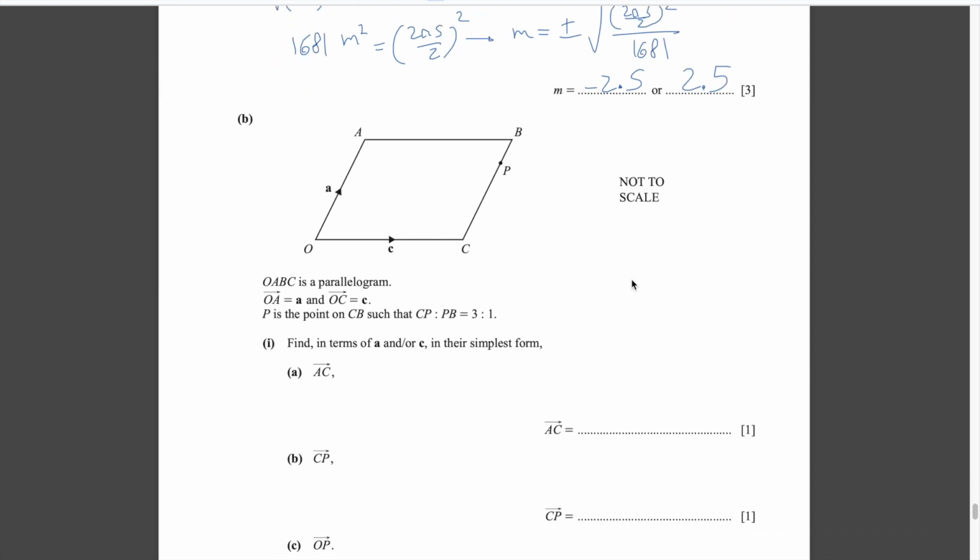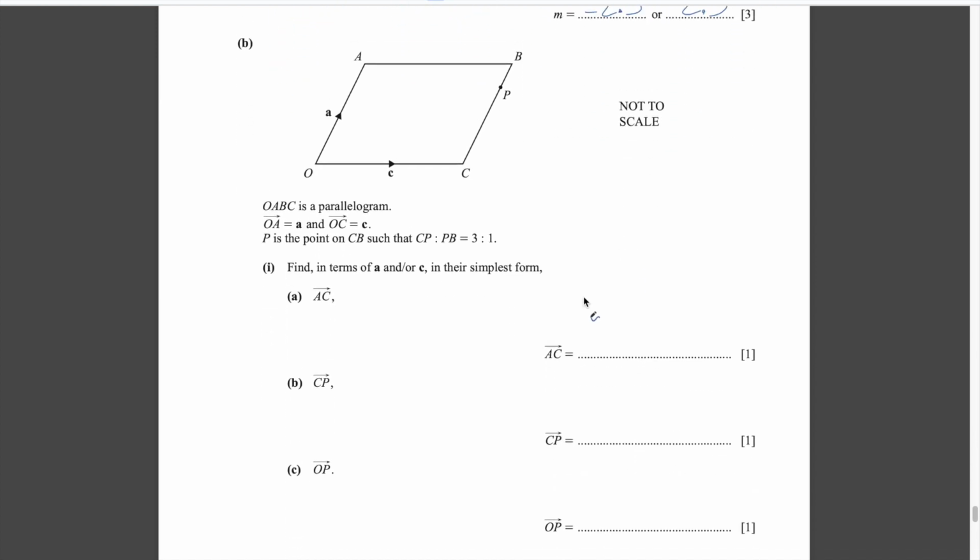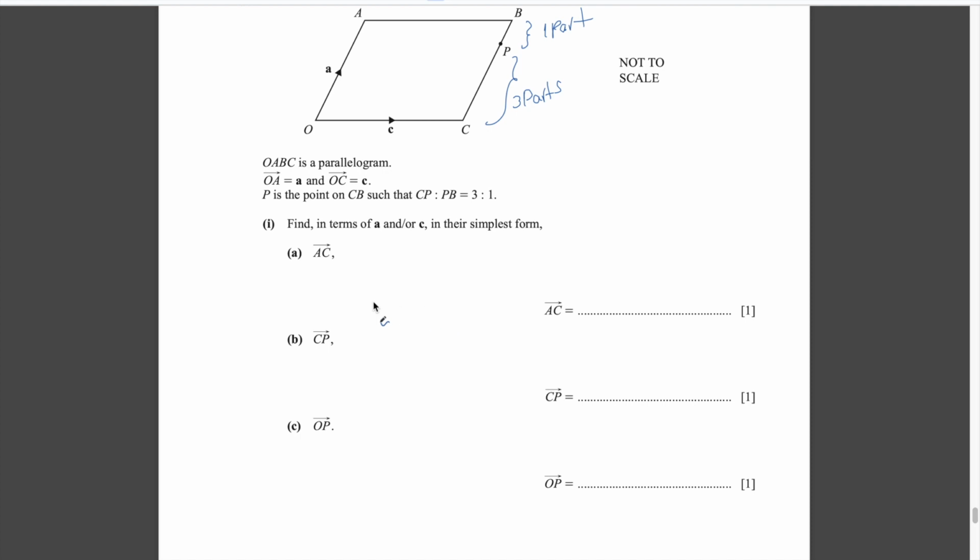Now for part B, it says OABC is a parallelogram. OA is A, OC is C, P is the point on CB such that CP to PB is 3 to 1. So CP is 3 parts, PB 1 part. It says find in terms of A and or C in their simplest form. AC.